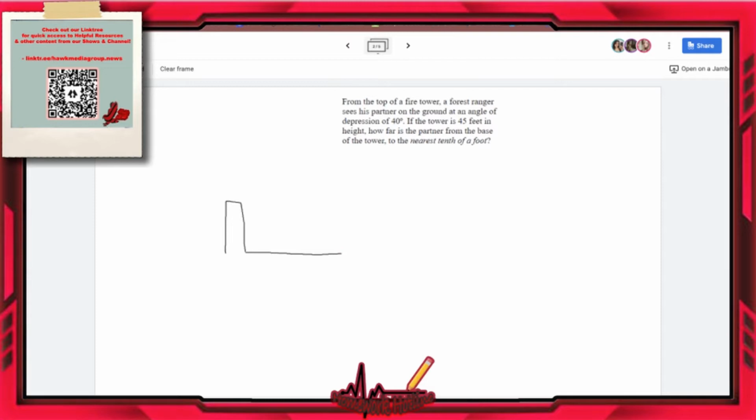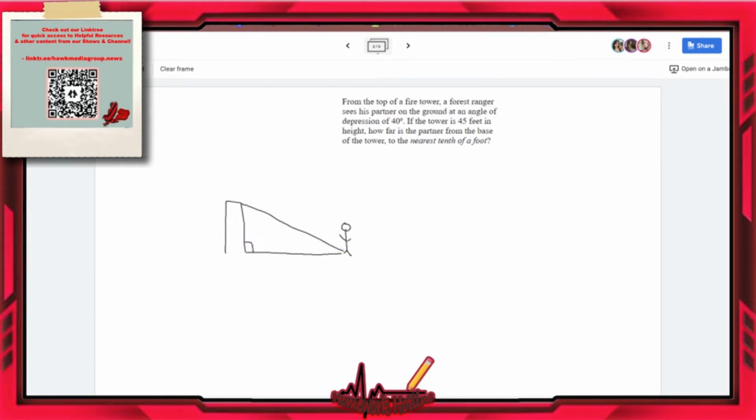It asks how far the partner is from the base of the tower, so we have to draw the partner. We're going to draw the hypotenuse, connecting the forest ranger at the top of the tower to the partner. That's the line of sight, and that creates basically a triangle. This is a 90-degree angle.